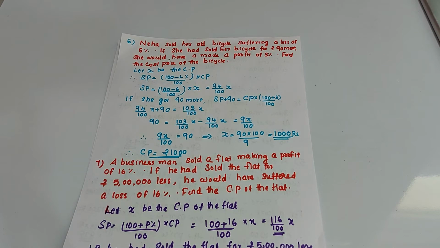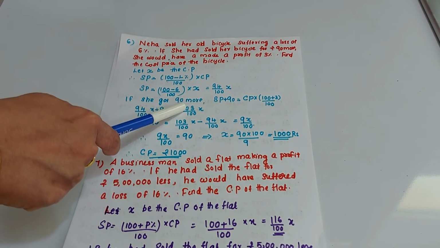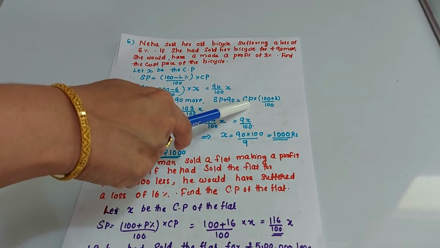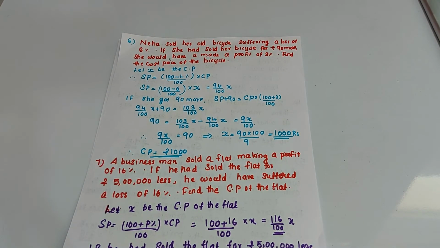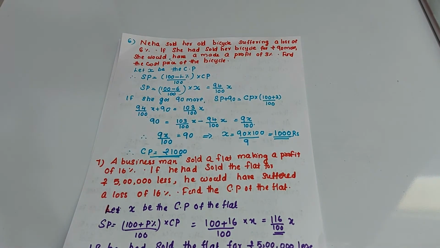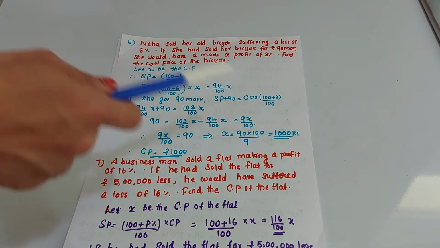Now we have cost price and selling price, and one more relation is given. If she got 90 more, then she will get a profit of 3%. So we can write SP plus 90 equal to CP into 100 plus profit percentage divided by 100.